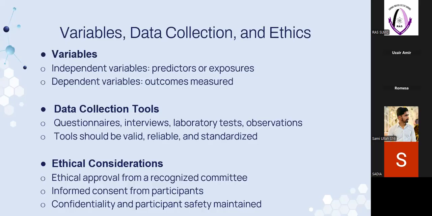There is a third type of variables which are termed confounding variables. I have not mentioned them here because confounding variables are actually the hidden variables, the variables that are also affecting your research. For example, I was conducting a research on cardiovascular disorders, and the research stated that it was a study of the association between smoking and cardiovascular disorders.